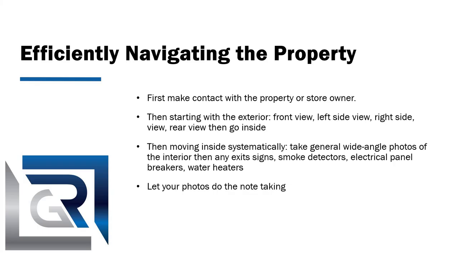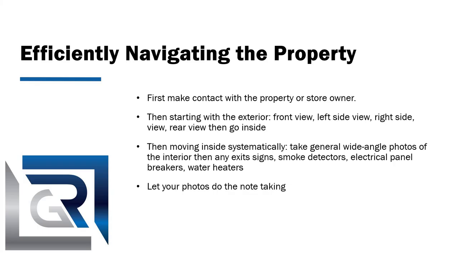On a typical inspection, once I make contact with them, I'll probably go out to the street side, take a street view left, take a street view right, and then turn about face and face the house, take a full frontal view. Then I'll step to the left and take a full frontal left view. I do the right side, take a full right side view. I go to the rear and take a full rear view.